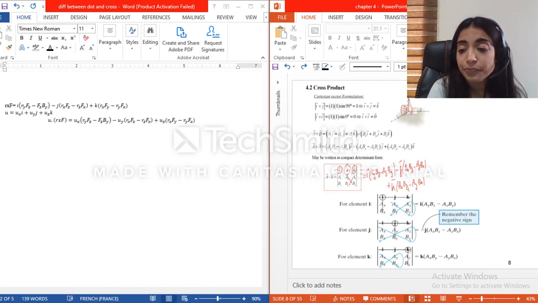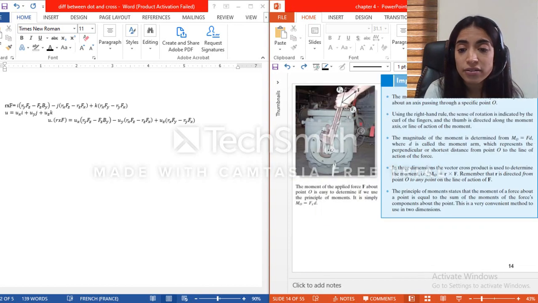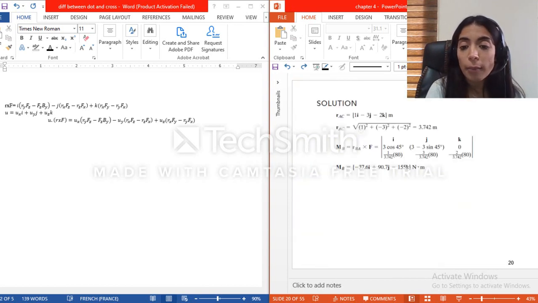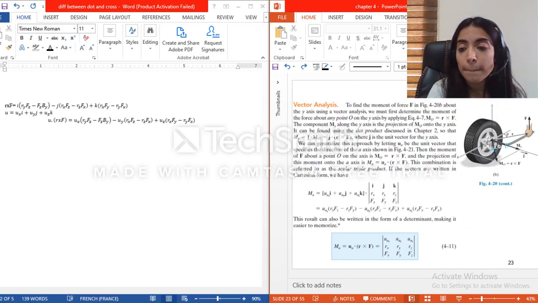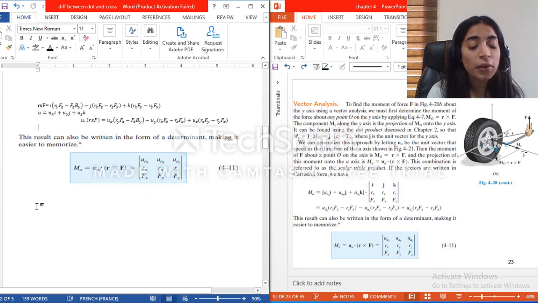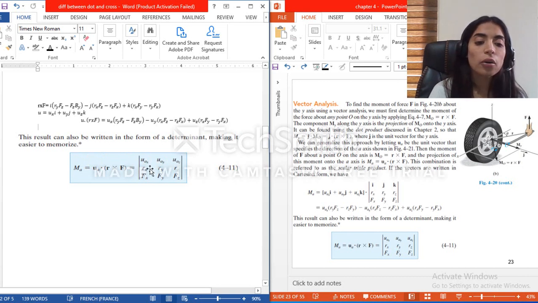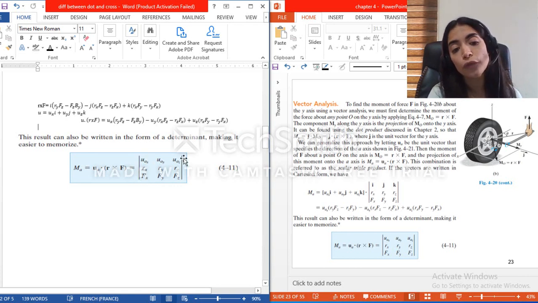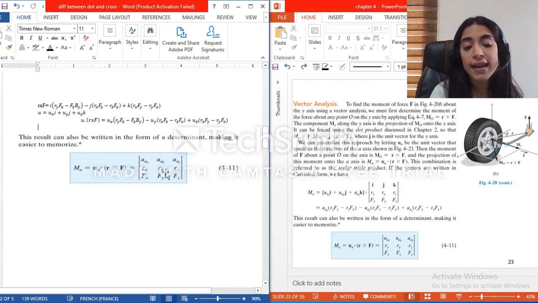So basically, guys, I can have the same answer of dot cross product by doing this matrix. If I want to do this matrix here by putting the coordinates of u in the first row, the coordinates of r in the second row, and the coordinates of f in the third row, and then cross the column of ux and the row of ux, then the first term will be ux times ry fz minus rz fy.